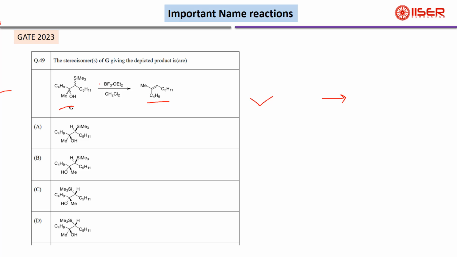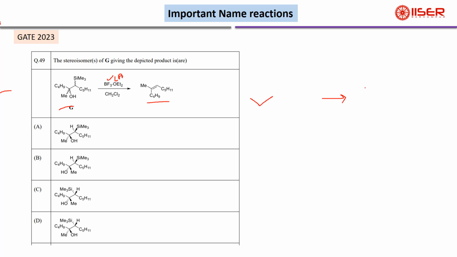If you don't know how the Peterson olefination takes place, you can't plan the retrosynthesis of this compound, and how the stereochemistry has been maintained during the selectivity of the reaction, because this reaction is acid catalyzed. This is a Lewis acid. So in presence of Lewis acid, obviously this reaction will go through an anti-elimination pathway.